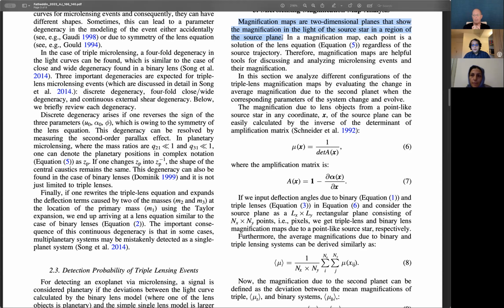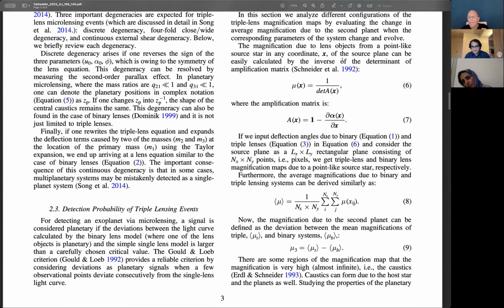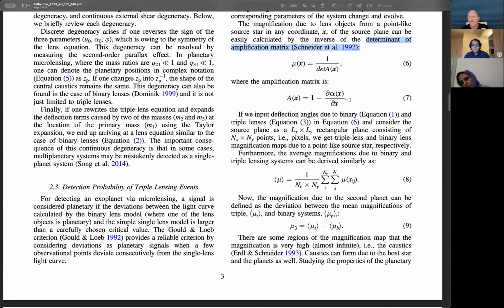In order to get the magnification map, we use equation 6, which was introduced by Schneider et al. The inverse of the determinant of the amplification matrix gives us the magnification at each point, depending on x, the position of the source star, where the amplification matrix is equation number 7.